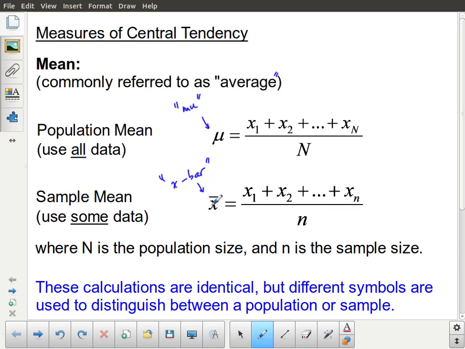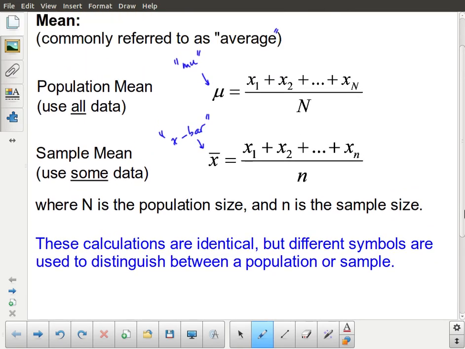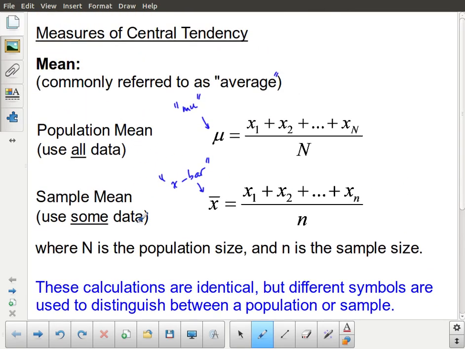We would call that x bar, where x is whatever variable you're using. Traditionally, we use x, but this could be any variable that you've assigned to your data. And as I note here at the bottom, these calculations are identical, but we use different symbols, and later on in the course, it will actually matter whether we're dealing with a population or a sample.